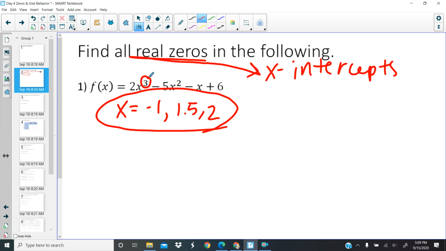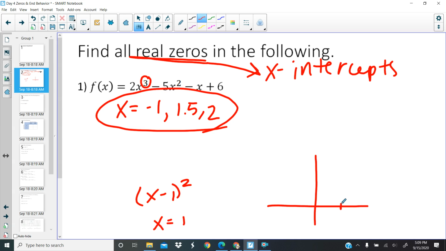That means that, say one of the zeros in your equation came from a factor that was squared. For example, if you had x minus 1, but then that was squared, then x minus 1 gives you the zero, x equals +1.